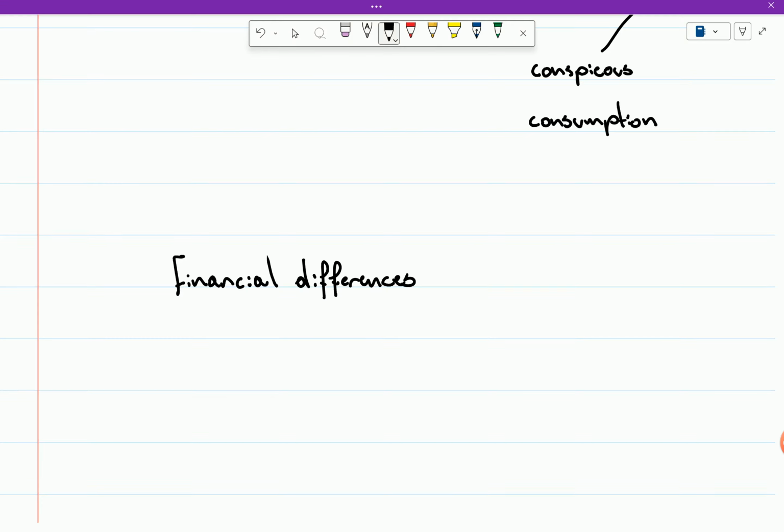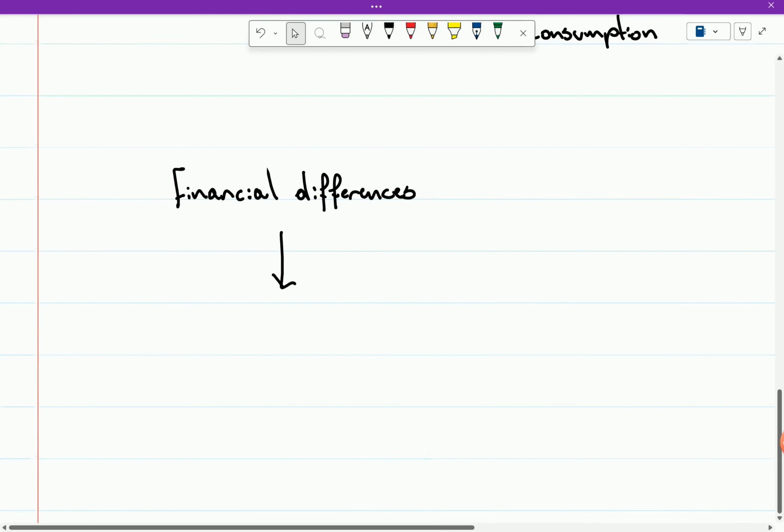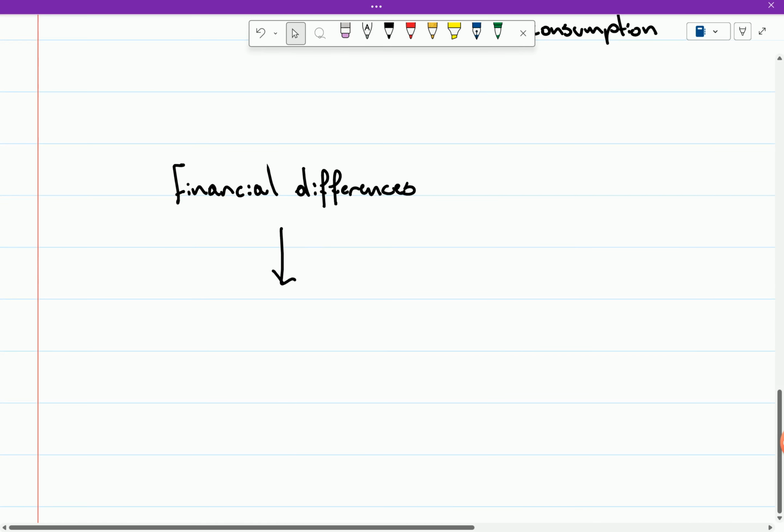Now, we're going to need to be more specific than financial differences. So, I've given it some thought myself, and one way I would like to take this planning phase is to turn financial differences into something along the lines of, you don't have to do it like this, but this is how I'm planning to do it. So if we look at income instead.